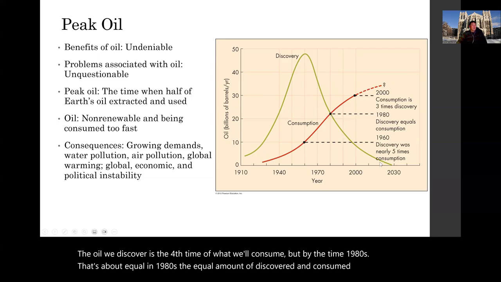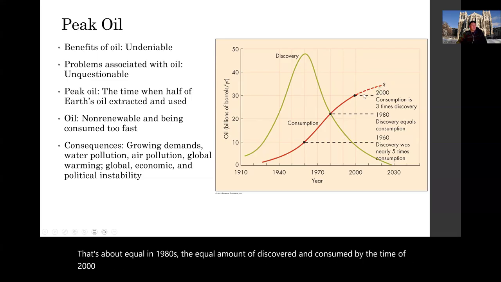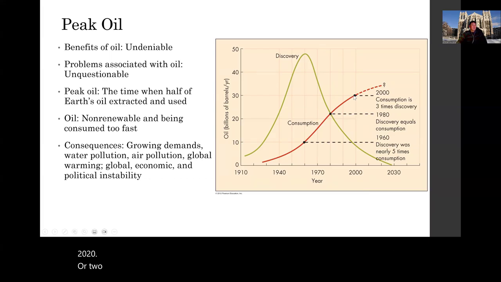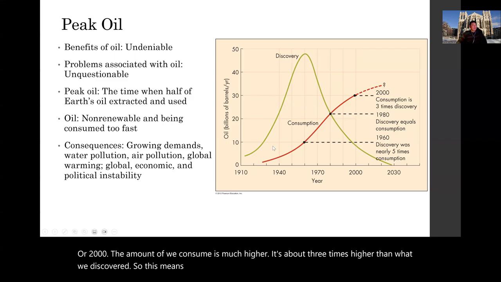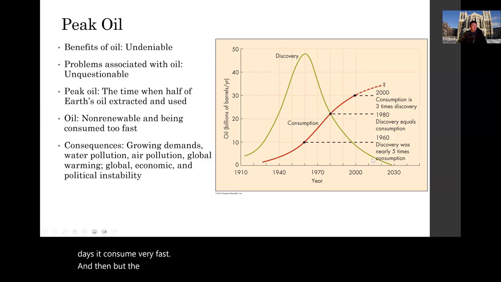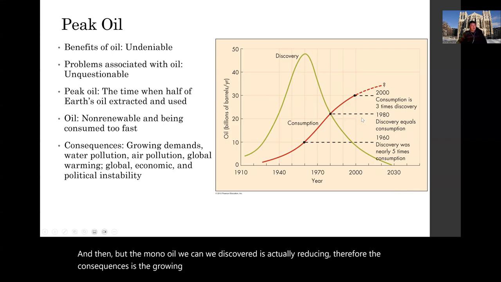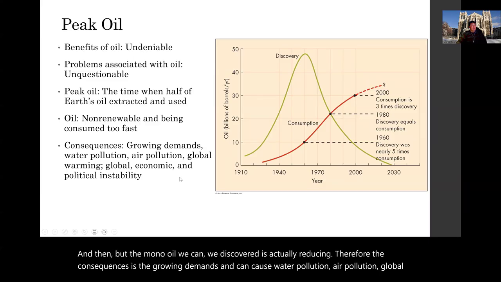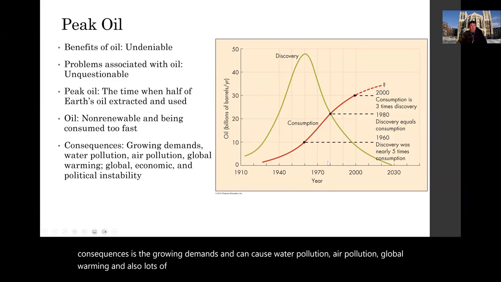By the time of 2000 or 2020, the amount we consume is much higher, about 3 times higher than what we discovered. So this is again saying that oil is non-renewable, and these days it's consumed very, very fast, but the amount of oil we discover is actually reducing. Therefore, the consequences are growing demands that can cause water pollution, air pollution, global warming, and also lots of global economic and political instabilities.